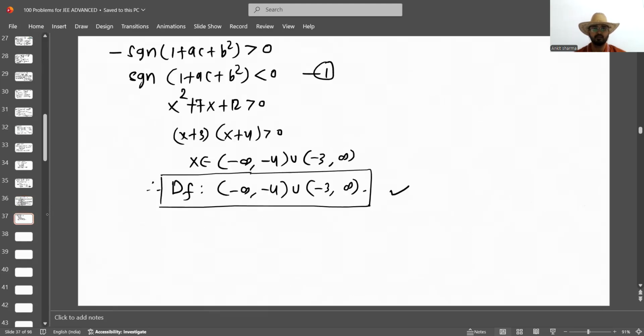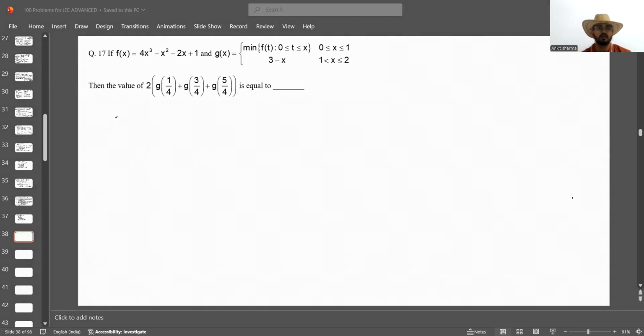Now let's go ahead to the next problem. We have another one in the town. Let's go for this. So we have f of x given to be 4x cube minus x square minus 2x plus 1, and g of x is given to be the minimum of this function between 0 and 1.